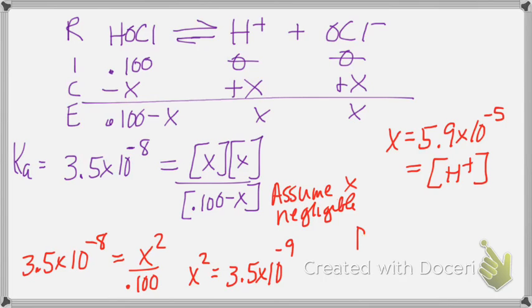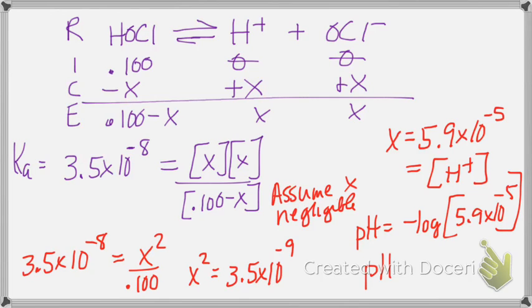Then we would say pH equals the negative log of 5.9 times 10 to the negative 5. So we get a pH equal to 4.23. That's three decimal places to begin with, so we needed that one.